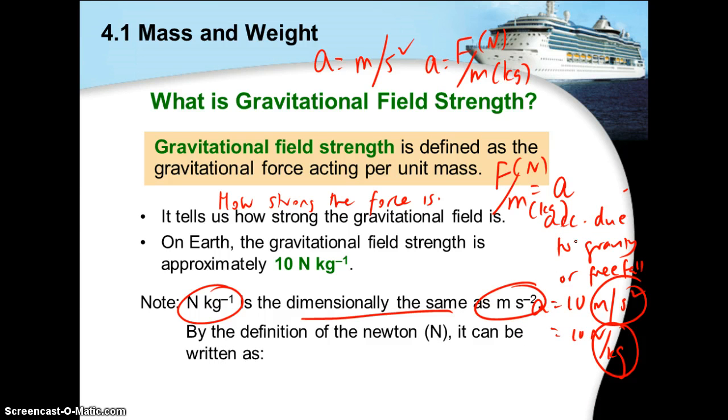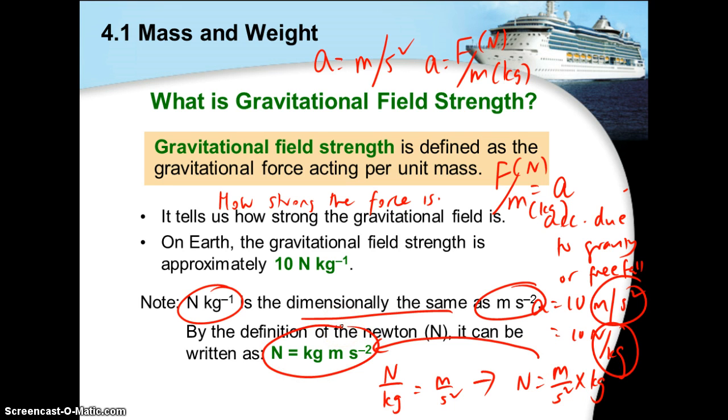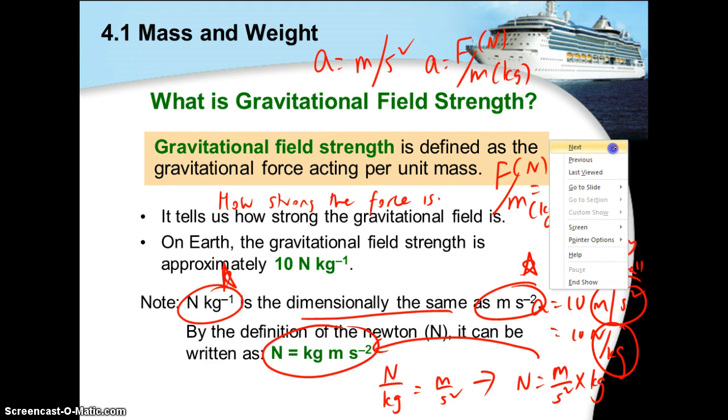By definition of the Newton, it can be written as kilogram meter per second square. So this and these are the same. Alright, but you don't have to know this. You just need to know that these two units are the same.